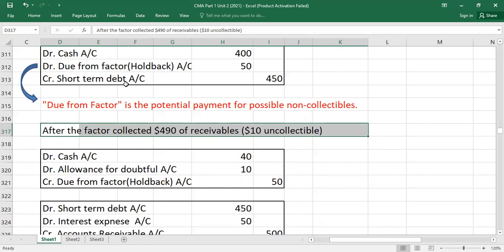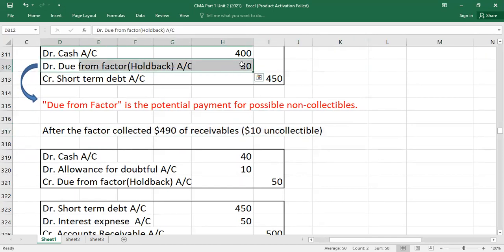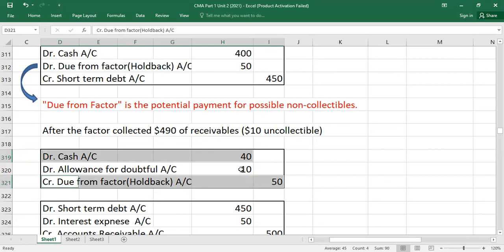First of all, from the holdback account, which was the potential payments for possible non-collectibles, it was $50, so they will deduct the $10 which are uncollectible, and the remaining $40 we will receive. So we will debit cash $40, and credit due from factor $50. Now you can see there is a difference of $10. This $10 is non-collectible, so we will transfer it to the allowance for doubtful accounts. We created the allowance by using the income statement or balance sheet approach, so we will debit the allowance for doubtful accounts.